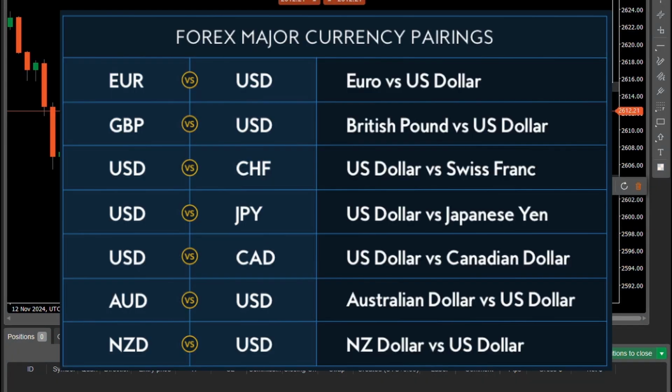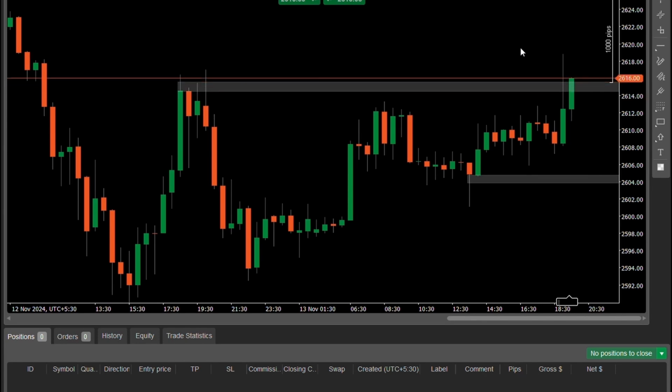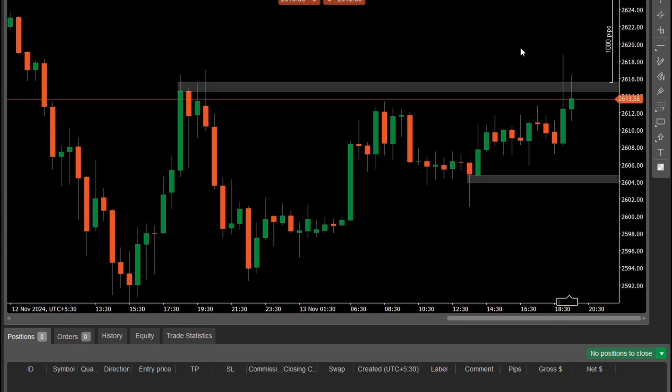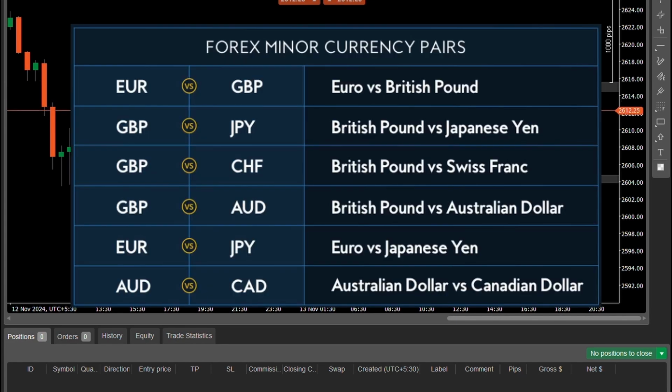Here are the 7 major forex pairs that are considered to be the most popular across the world. Minor currency pairs, also known as cross-currency pairs, do not involve the US dollar. They pair two other major currencies or a major currency with a currency from a smaller or emerging economy. Here is a list of minor currency pairs.